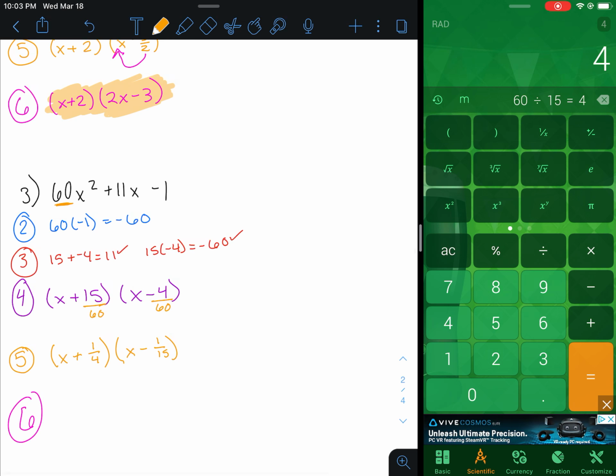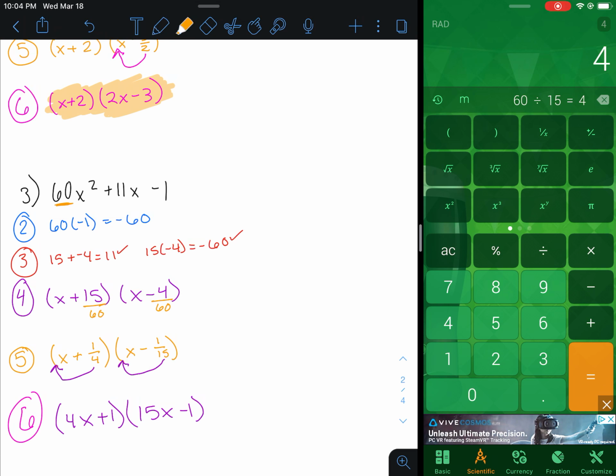Now, this is the first time that we've actually had both of them having a bottoms up, which is completely fine. It does happen. We just have to put the bottoms up on both of them. So in this case, our final answer is 4x plus 1 multiplied by the factor of 15x minus 1.